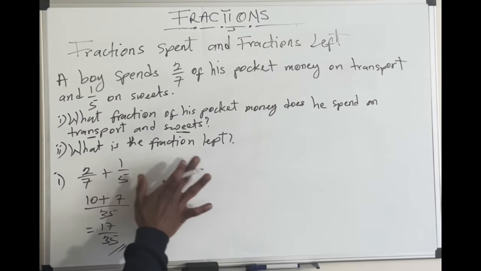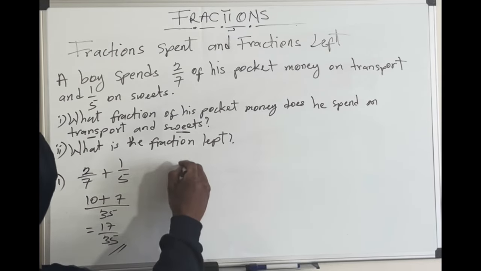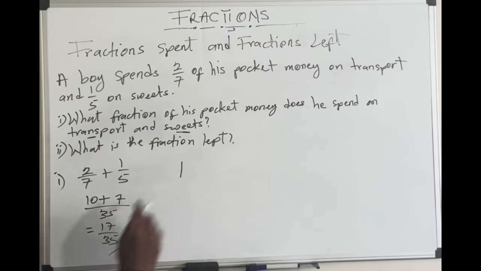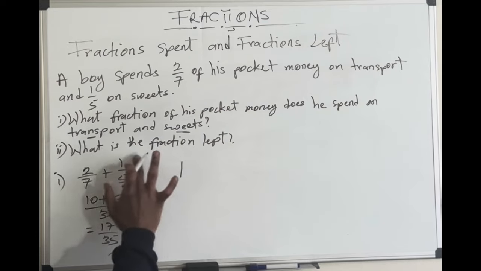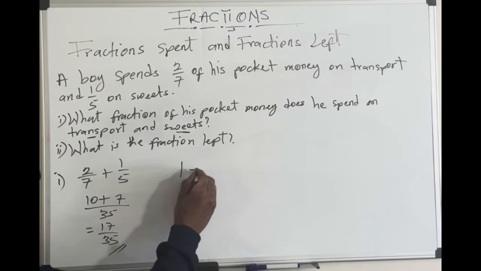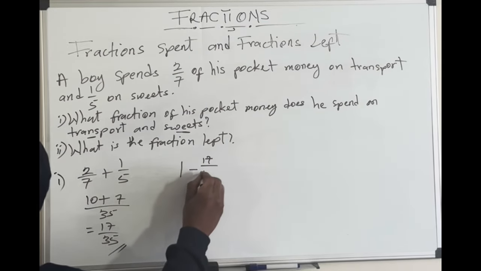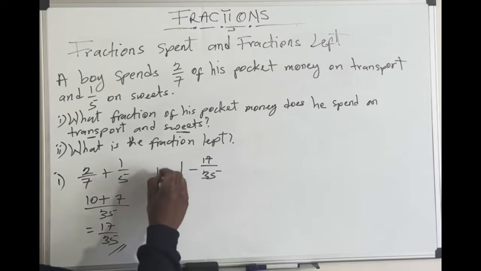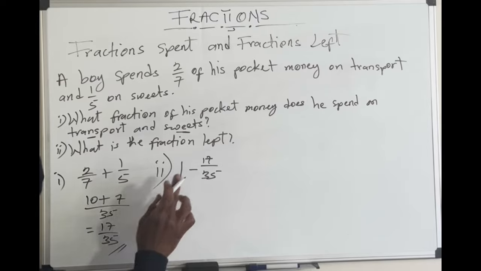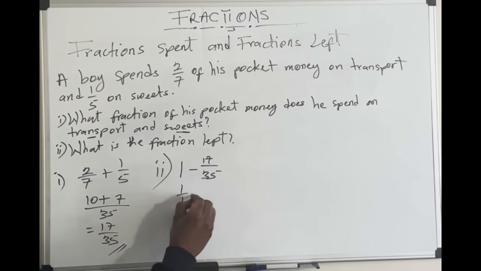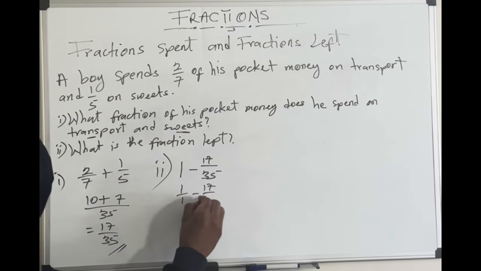It's asking for the fraction left, so we represent the total pocket money as 1, and then we subtract 17 over 35 from the 1. Then we will get to know the fraction left. So this can also be written as 1 over 1 minus 17 over 35.